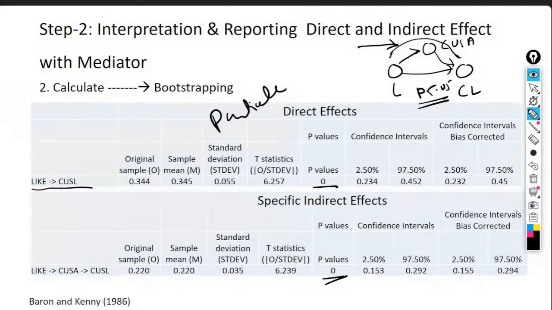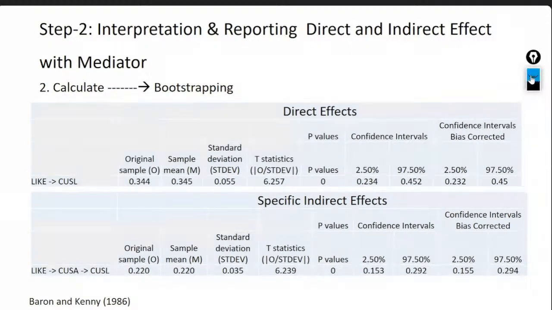It is not fully controlling the relationship between X and Y. Is it clear?